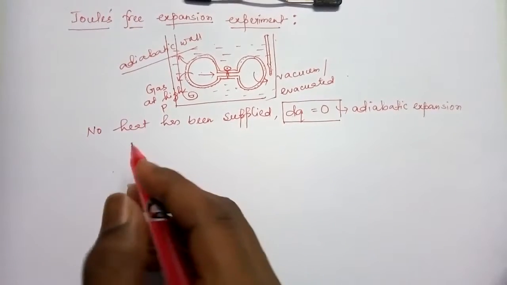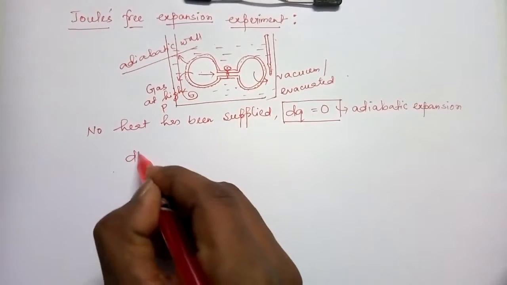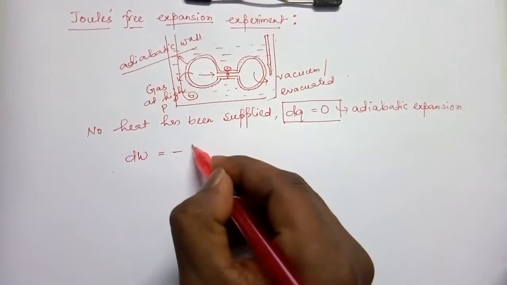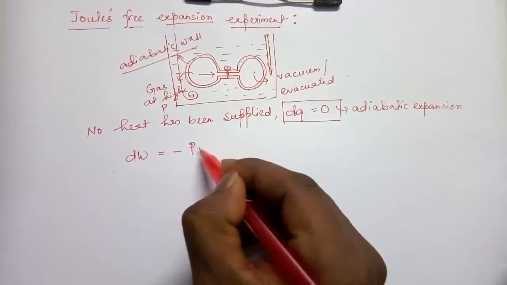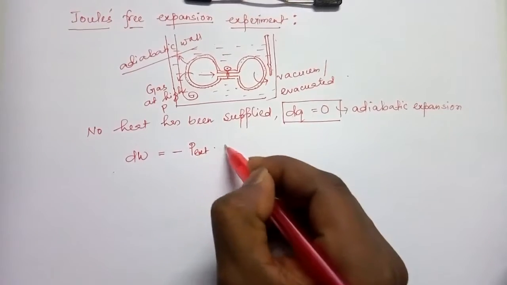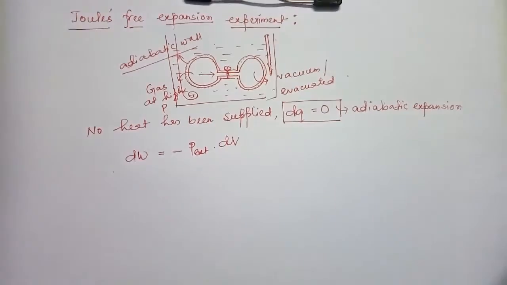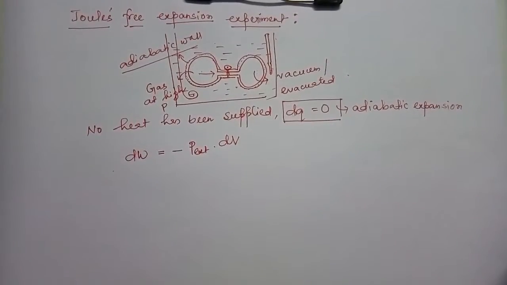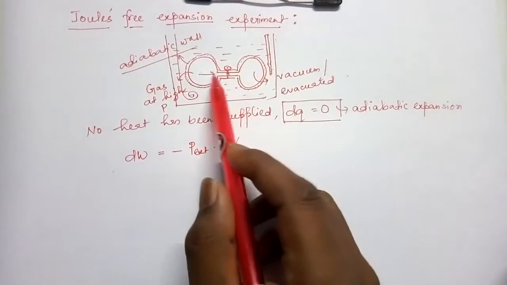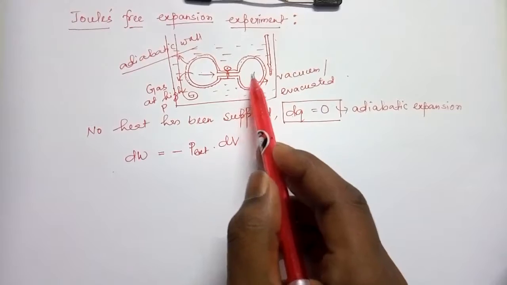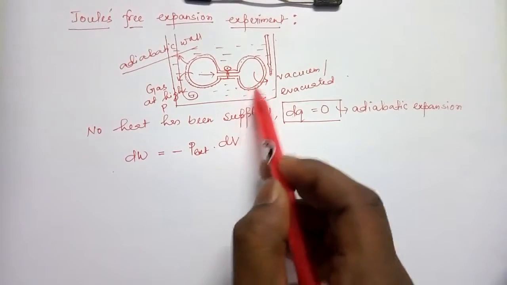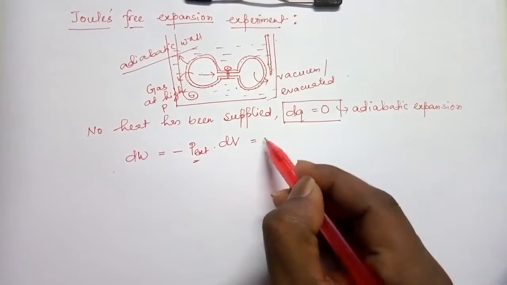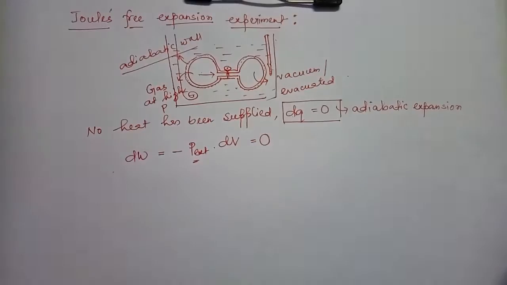How? Suppose dW, for a small change in work, we can write as minus P external into dV, right? Now, as the gas expands against zero opposing pressure, since it is fully evacuated, P external equal to 0. So work will be 0.